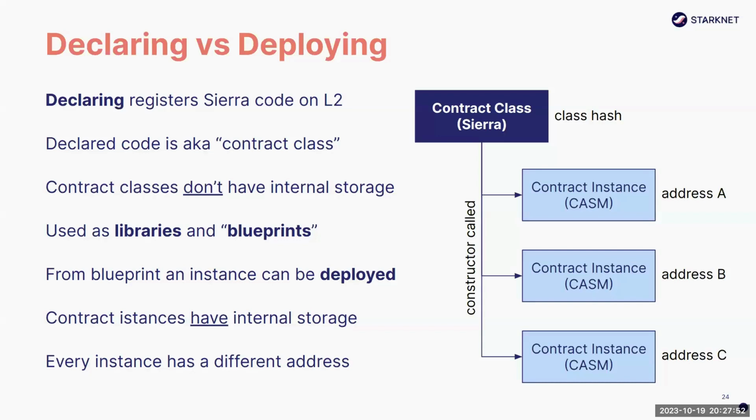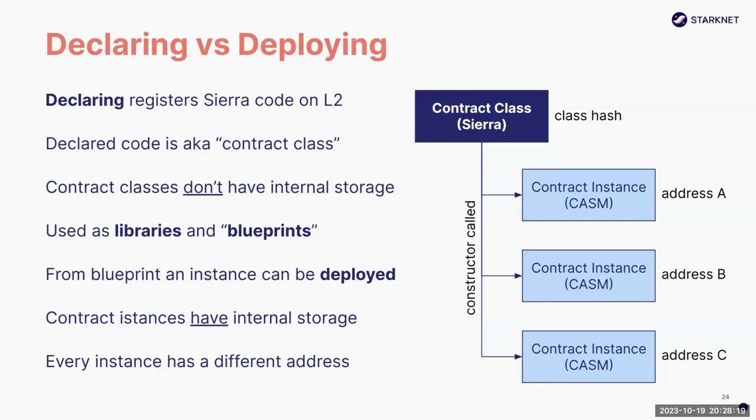Using our understanding from Solidity, when you write your Solidity code, you compile and then you deploy directly. Here, it takes a different approach. You firstly have to declare your contract, and once you declare it, you deploy the contract.